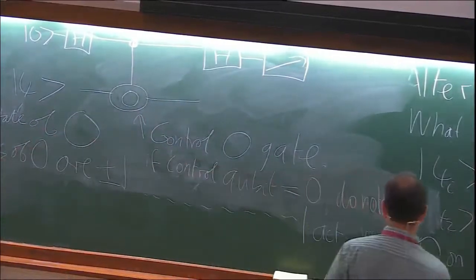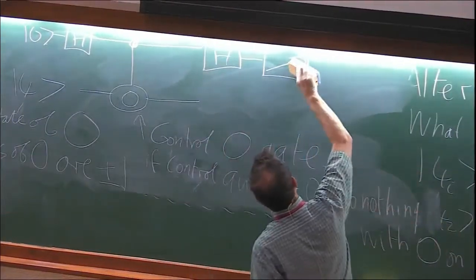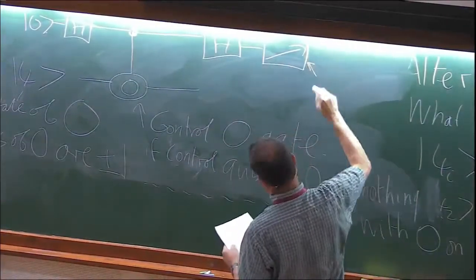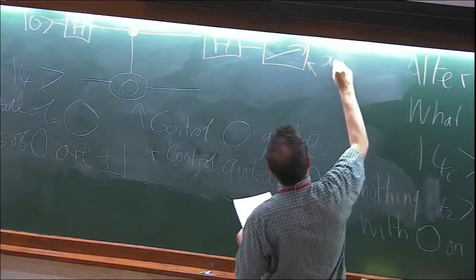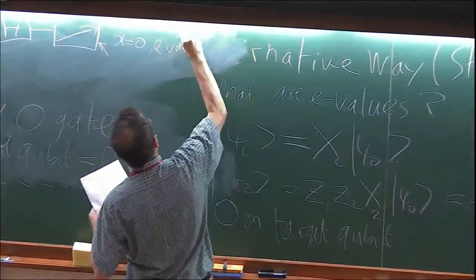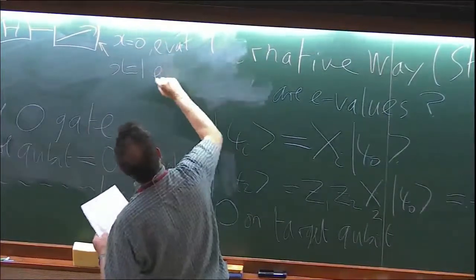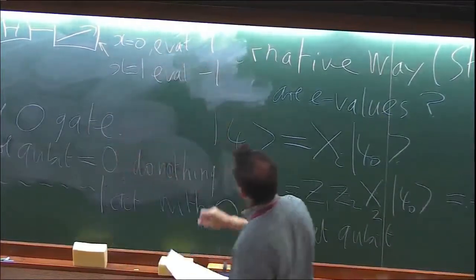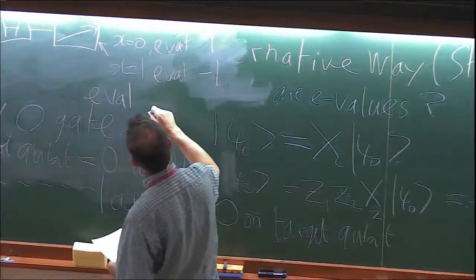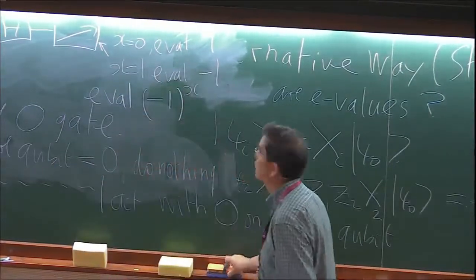So what I'm going to claim then is that this measurement here will give you x equals 0 if the eigenvalue is 1, and it will give x equals 1 if the eigenvalue is -1. So in general, as I said over there, it's not a coincidence, the eigenvalue is (-1)^x. So let's see why that is.